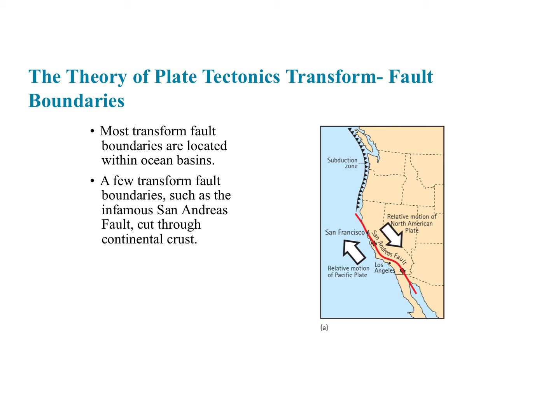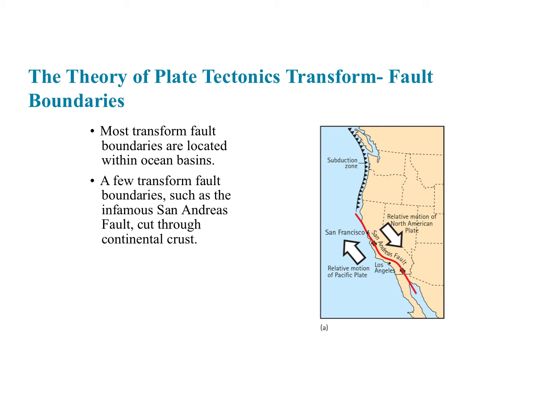Now we have a classic example of a transform fault boundary that's very famous, the so-called San Andreas Fault, which you guys know is in California. And so these two basically are pushing to create a side-to-side motion, and that slipping is what causes earthquakes.